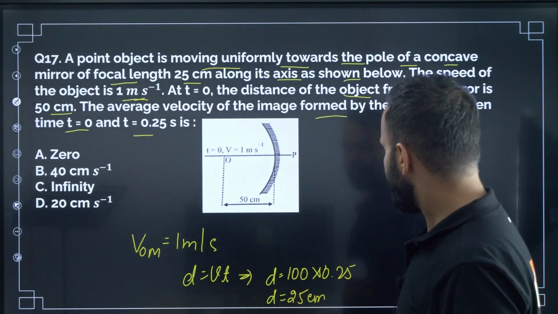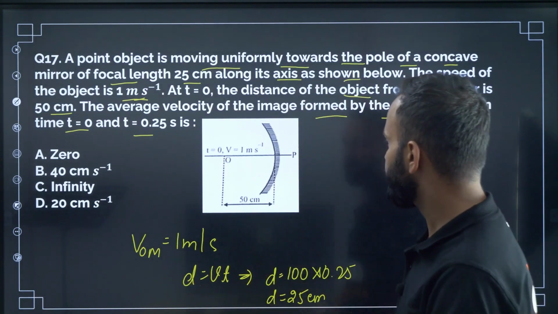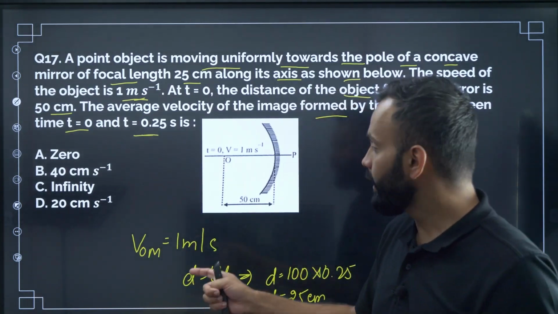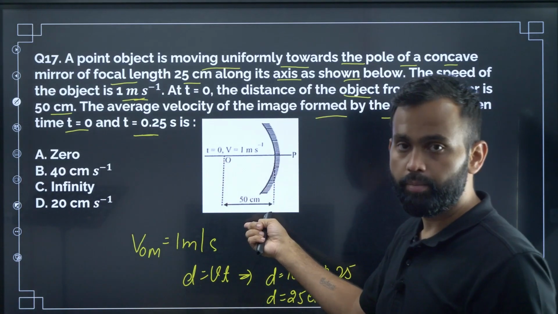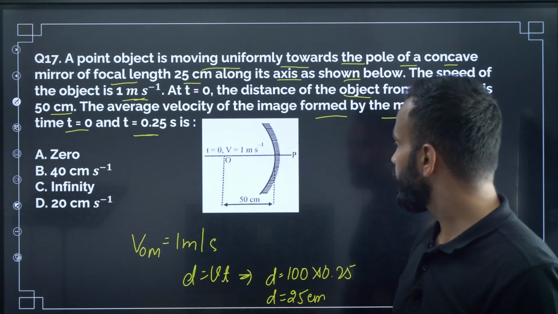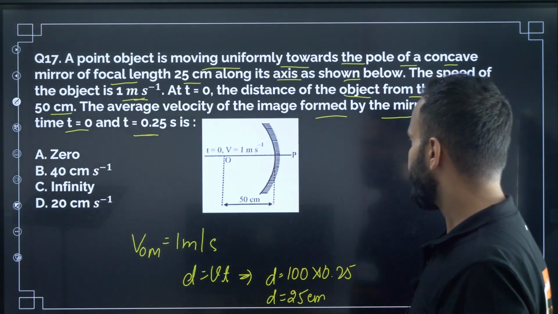So the object traveled 25 centimeter in 0.25 second. What is the initial position of the object? That is 50 centimeter from the pole of this concave mirror, so it travels 25 centimeter towards the mirror.